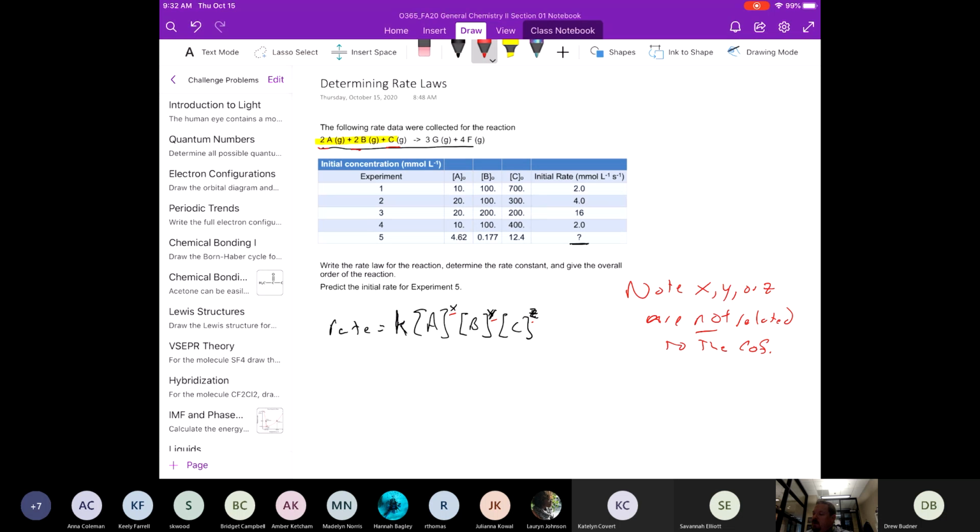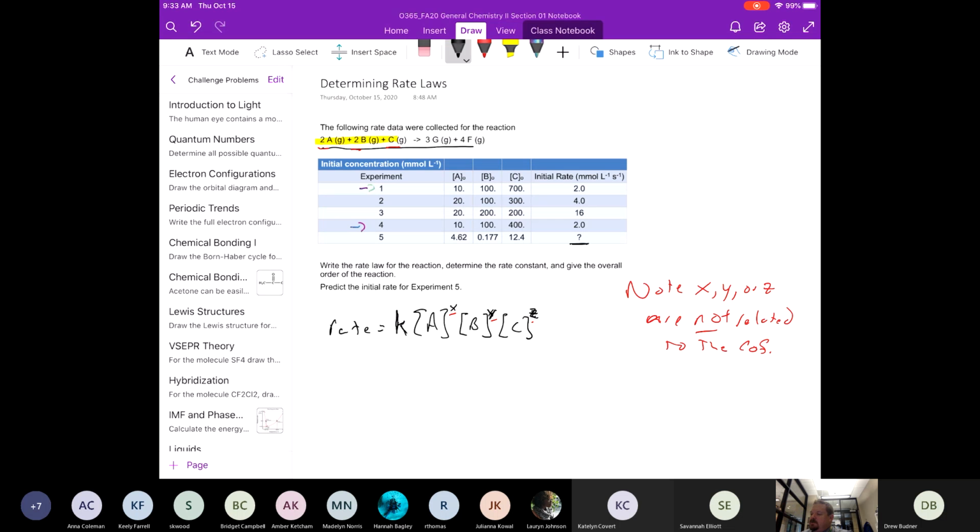So for example, we can look at experiment 1 and experiment 4, right? In experiments 1 and 4, A and B are staying the same, C is changing, right? So any change in the rate is going to be a function of only C.